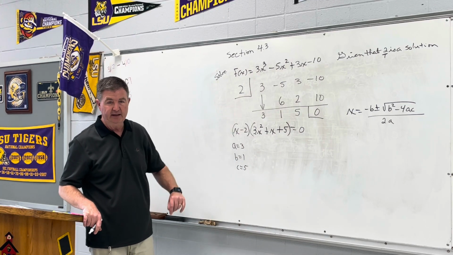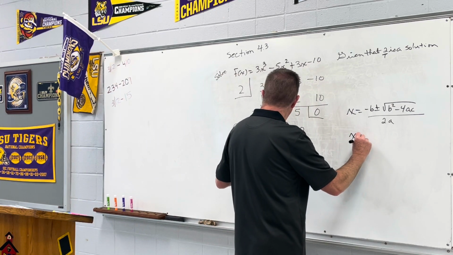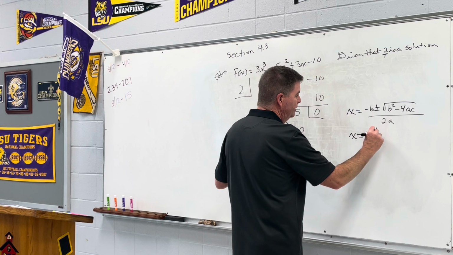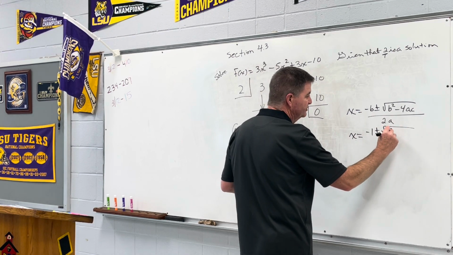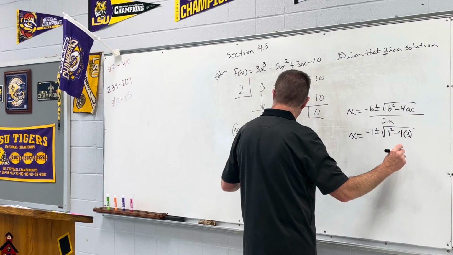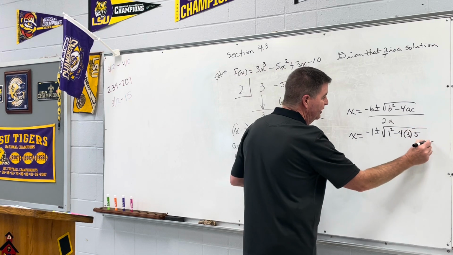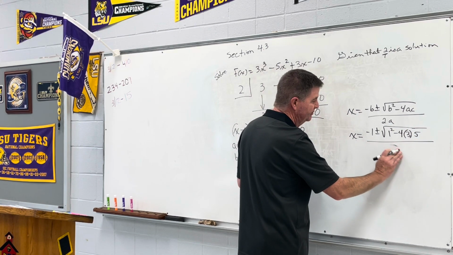And we're going to plug that in. So we have x equals negative 1 plus or minus the square root of 1 squared minus 4 times a, which is 3, times c, which is 5, all over 2 times a, which is 2 times 3, which is 6.